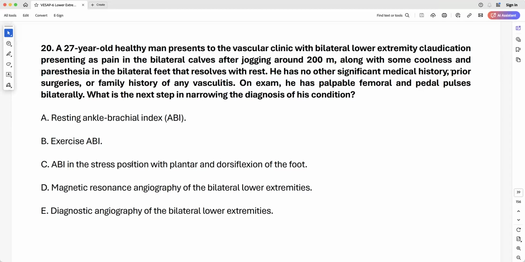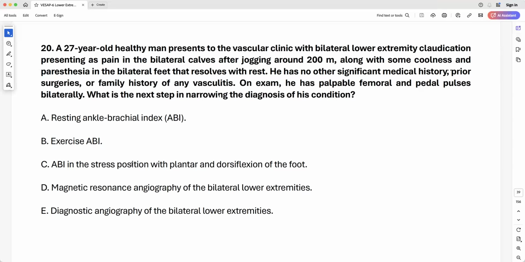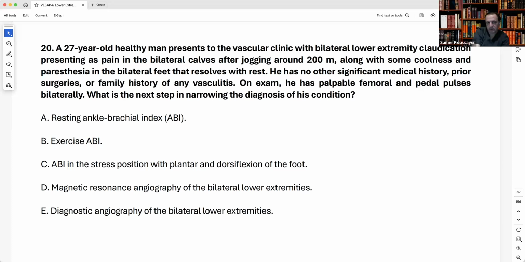No, we should have it at rest, then exercise or provocative. Exercise ABI will tell us there is a problem. If you do exercise ABI, the ABI will drop. But the problem is it cannot tell you which one of these four it is, so it's not really very helpful. I'm not sure I would order it, but I still have to order something else to know which one of these four this patient has.